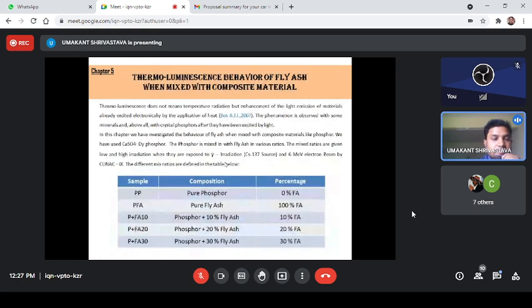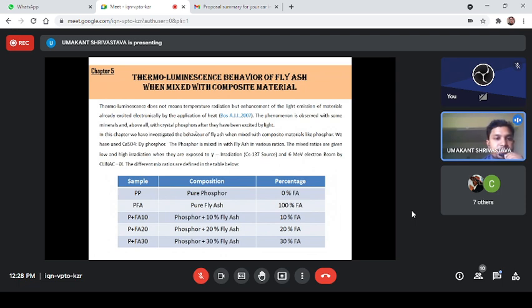In chapter 5, we have studied the thermoluminescence behavior of fly ash when mixed with composite material. Thermoluminescence does not mean temperature radiation, but enhancement of light emission of materials already excited electronically by the application of heat. In this chapter, we have investigated the behavior of fly ash when mixed with composite materials like phosphor.